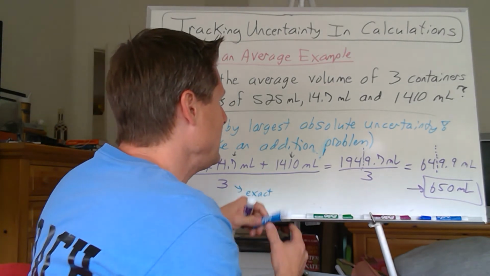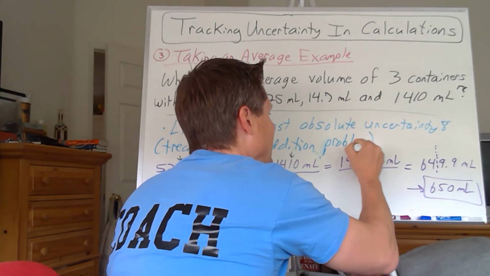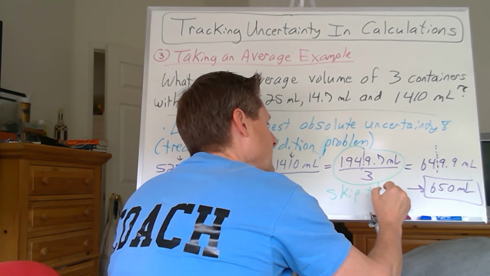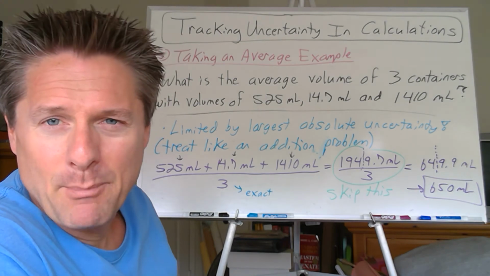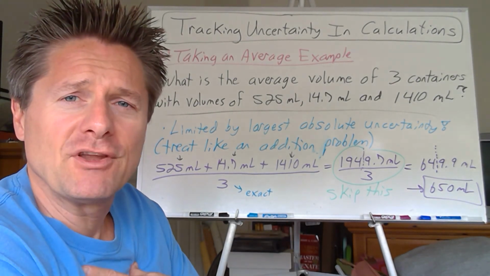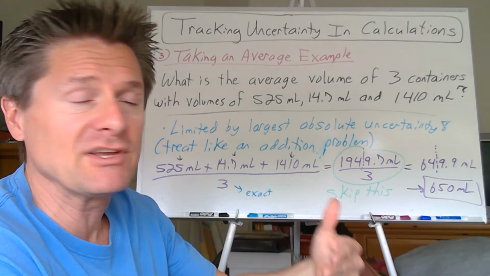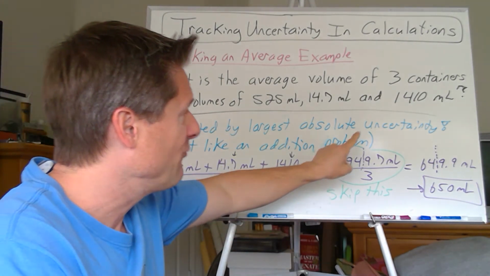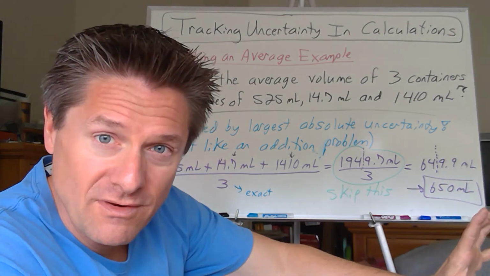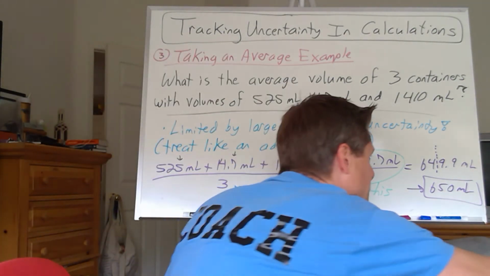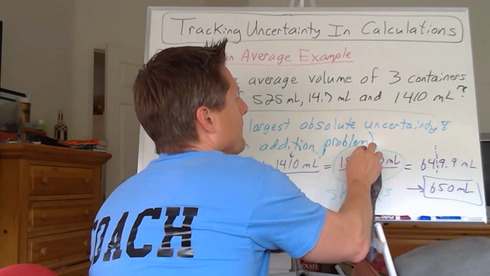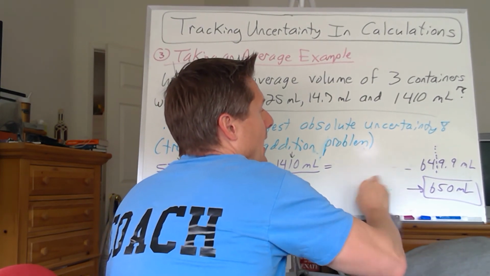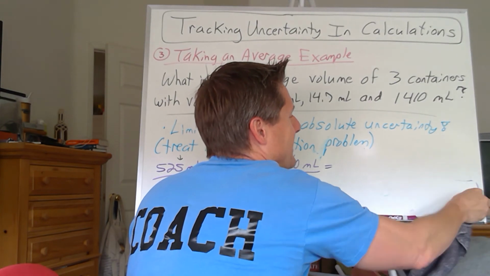So my recommendation is to skip that step. I had to force myself to do that because I'm so trained to show every single step. But because of the limitation of the rules on this one, if we show that step, we want to go by the division rule. So my recommendation is to do it this way. Get rid of that and just go straight to the answer.